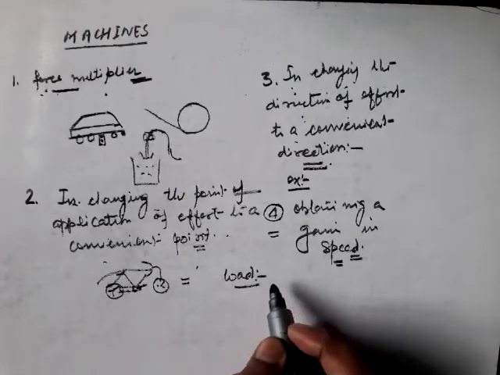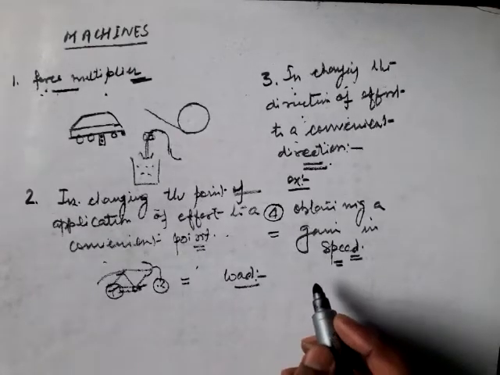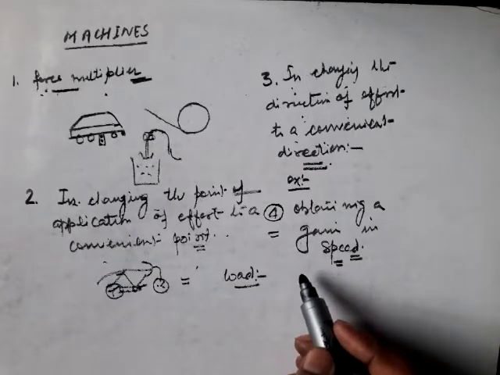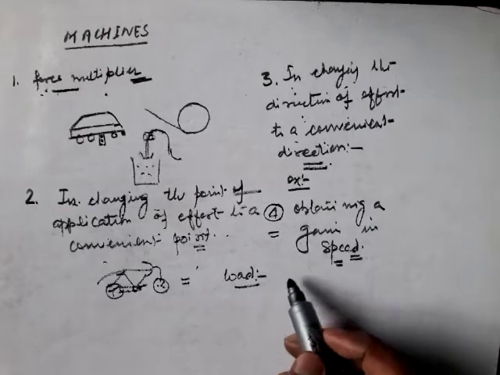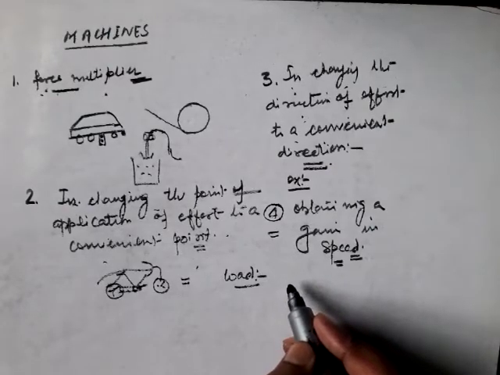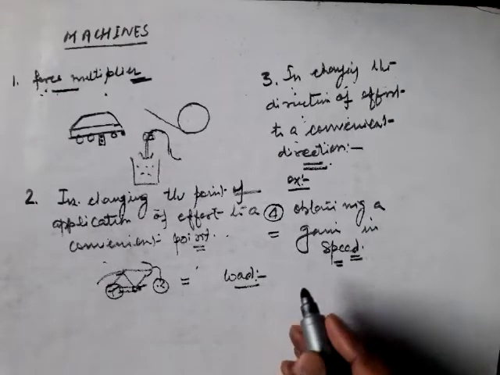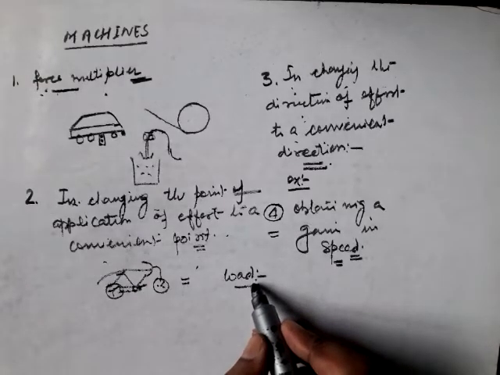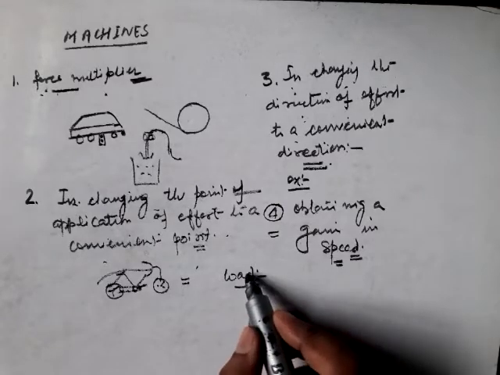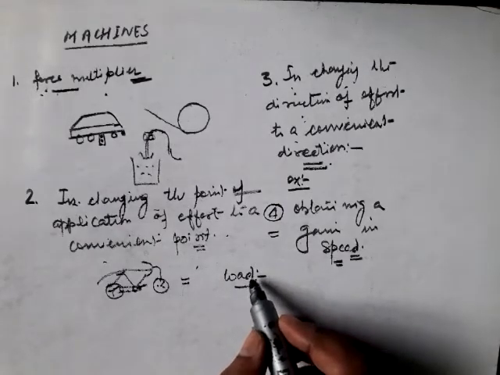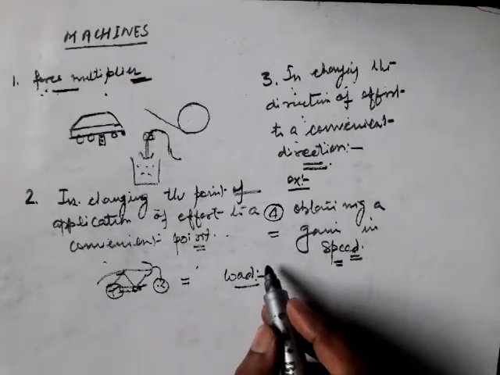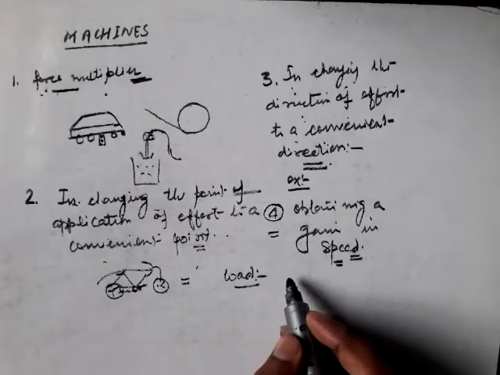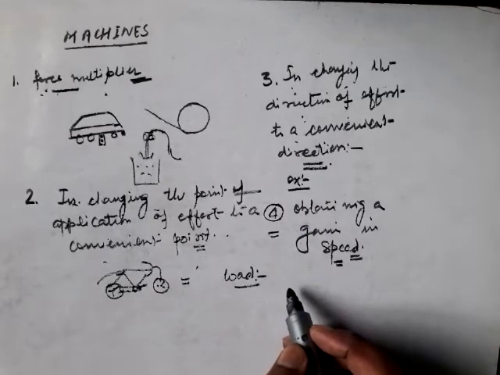So load is the resisting or opposing force to be overcome by the machine. Means load is that resistive force, that opposing force, which is overcome by the machine. It is a simple example that whatever effort is applied on the load, that load is overcome by the machine, and this is what we call the load. Means this is a kind of resisting or opposing force to be overcome by the machine. Okay, this is called load.